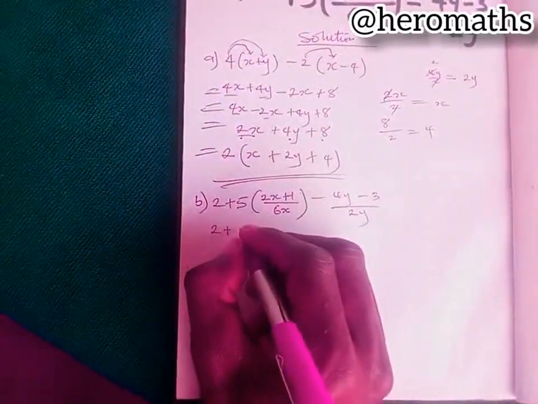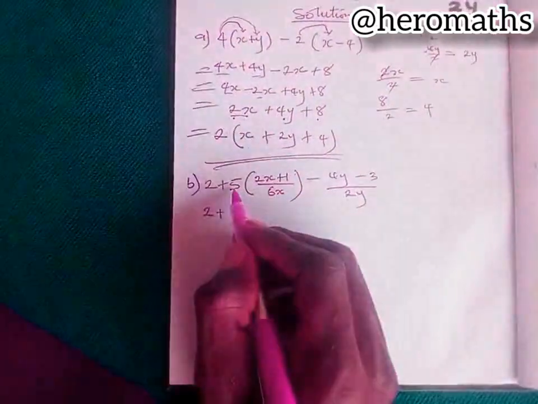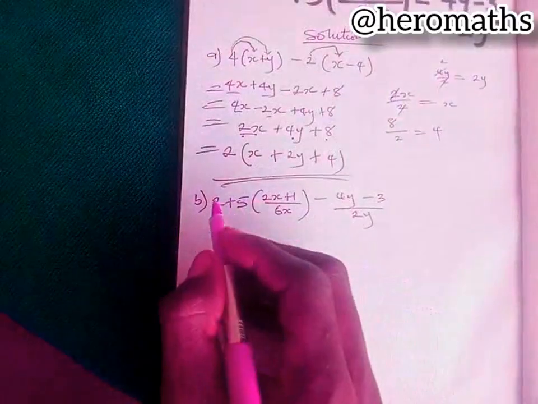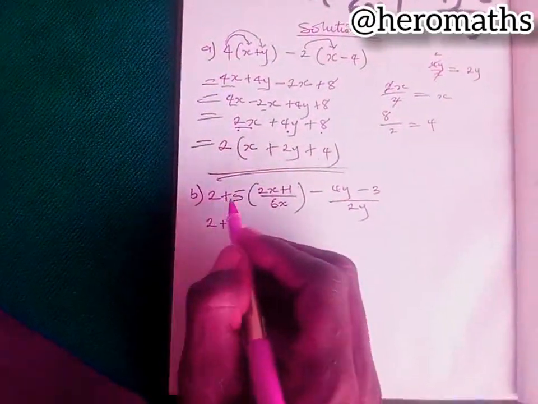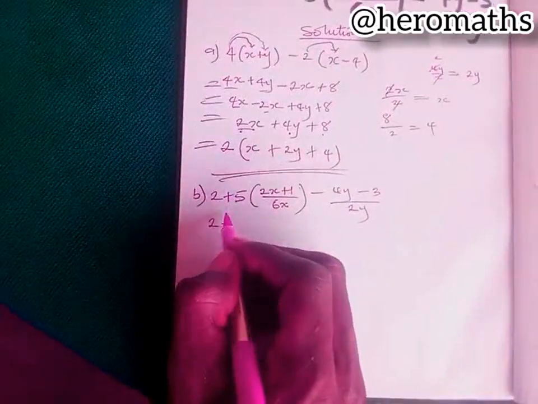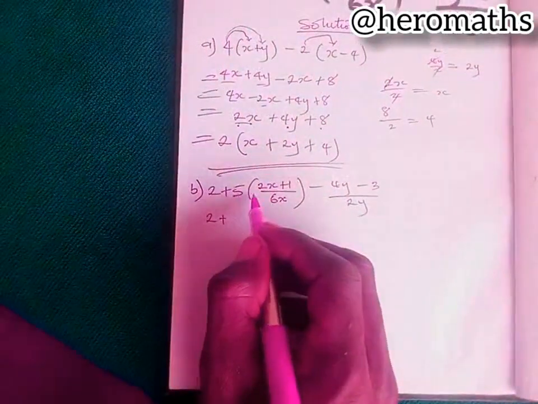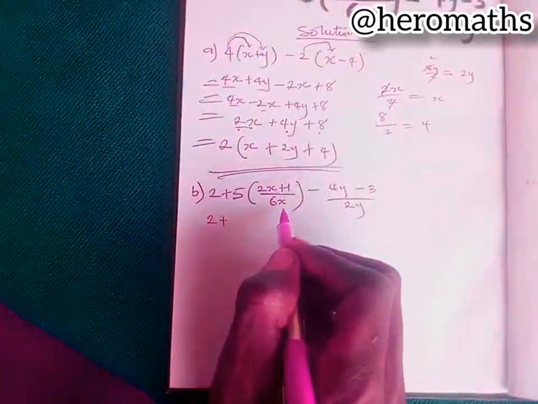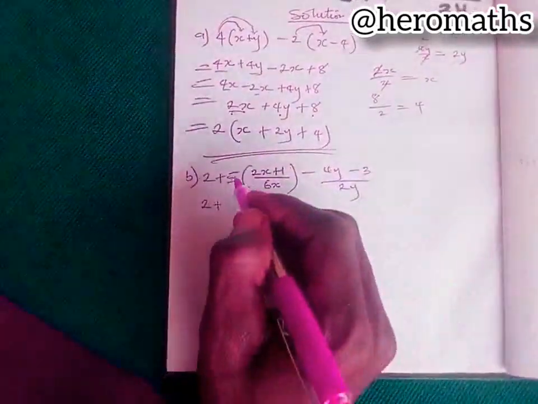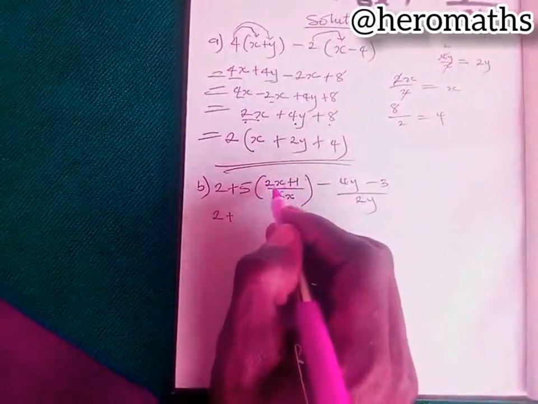2 plus 5. By opening this bracket, we use this 5 to open this bracket. We don't use the 2, because there's an addition sign between this and this. So this 5 is the only thing multiplying the inner bracket. By using 5 to open this bracket, this 5 will only affect the top of the fraction.